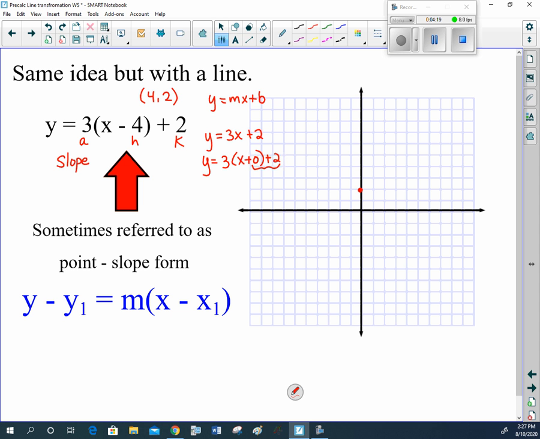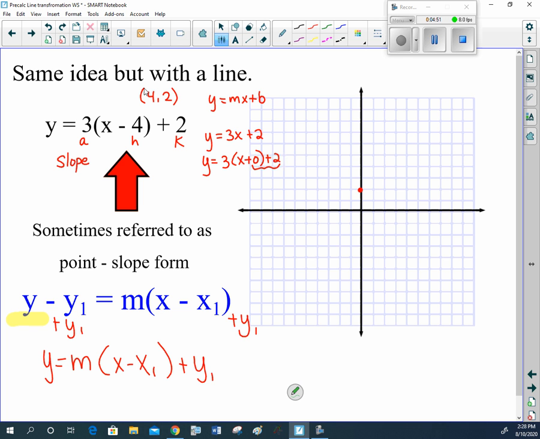Same thing over here. You guys have seen this formula before, but it's been written as point slope form. This is the point slope formula down here on the bottom. But if you take this formula and you add the y1 to both sides, now look what you have. You now have our transformation H, K formula. It's just different letters. I don't know why they use different letters. It's all the same thing.